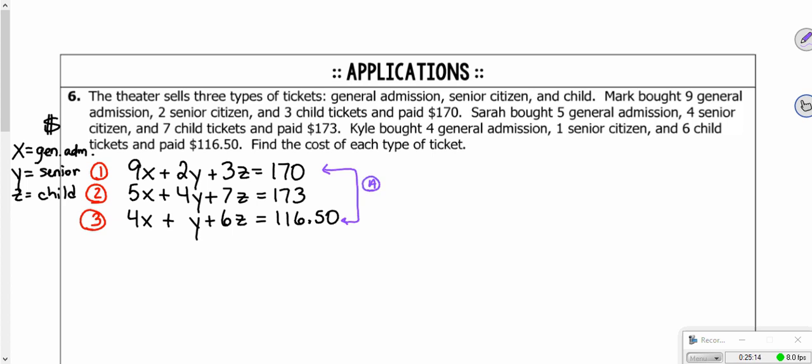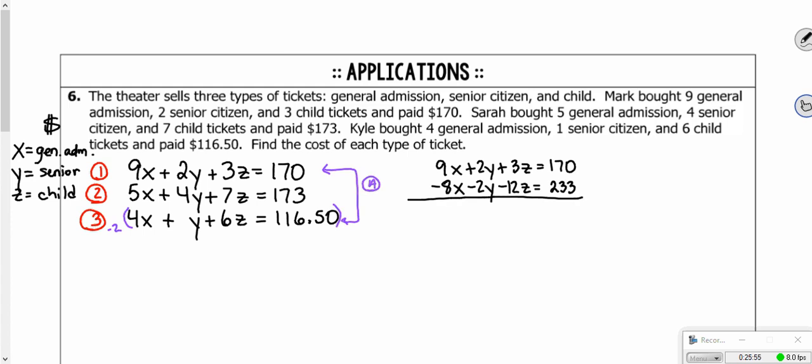And in order to do that, I'm going to multiply this third one by a -2. Okay? So let me rewrite those over here. So I've got 9x plus 2y plus 3z equals 170. And then if I multiply the bottom equation by a -2, that gives me -8x minus 2y minus 12z equals -233.